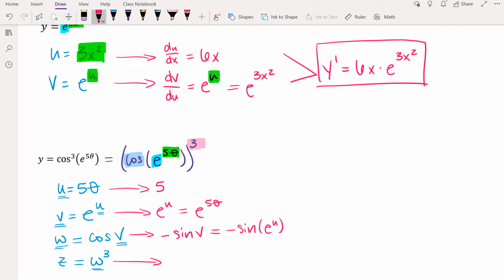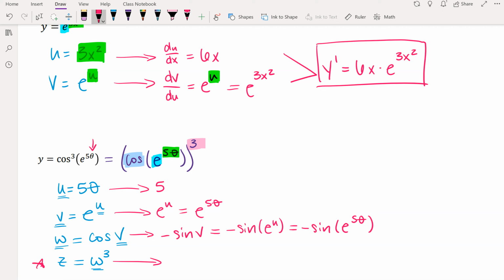But remember, u was 5 theta, so this equals negative sine of e to the 5 theta. Do you see how we plugged in? I'll highlight it in a second. We plugged in for u. We don't want u's or v's. We want the variable we started with. We started with theta, so we need to get back to theta.